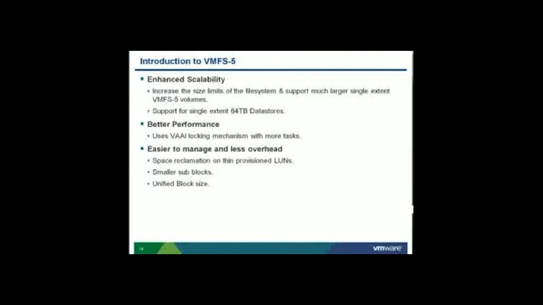Some other changes to the file system, I did mention VAAI, the Array Integration. We're now going to use a newer locking mechanism which allows for better performance. If you are familiar with the issues of SCSI reservations, we've done away with this, completely new partition information on there, allowing for better performance and better handling of locking that metadata.